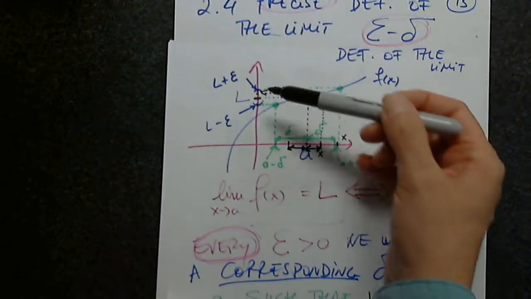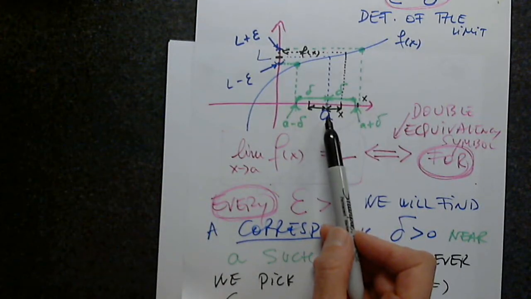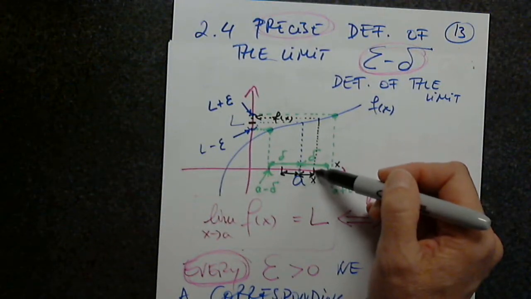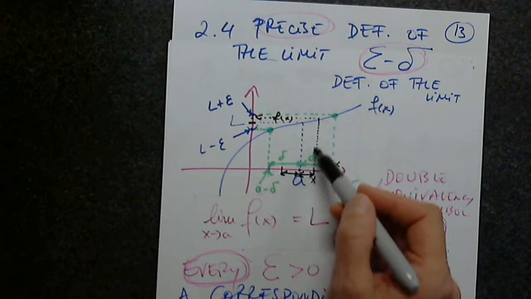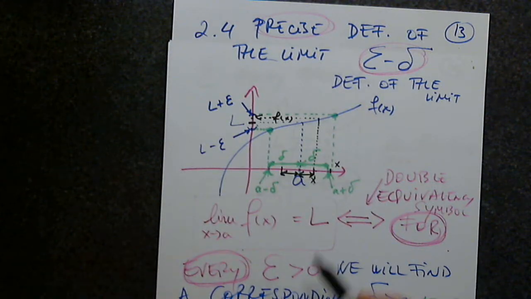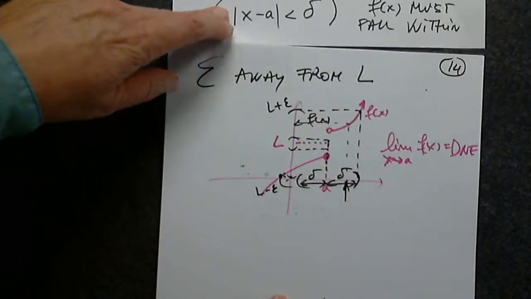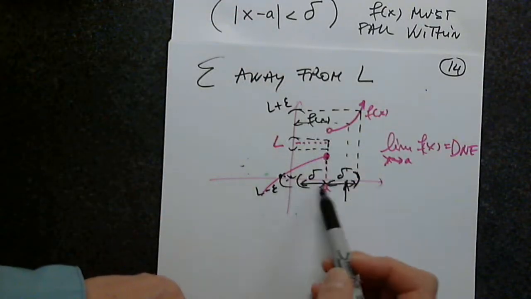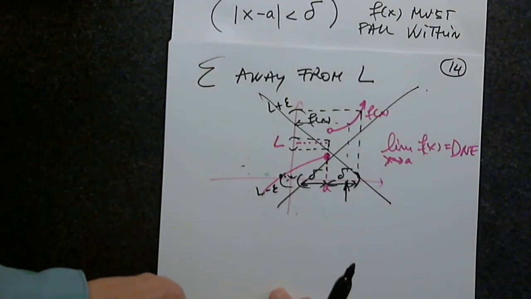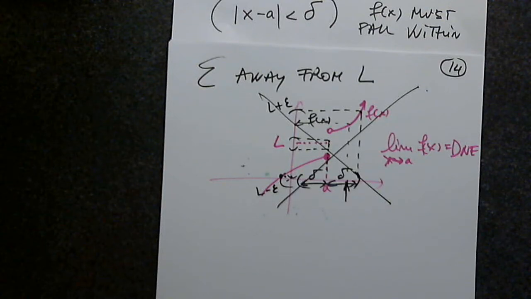The limit exists because for every epsilon around L, I will find a corresponding delta around A, such that when I pick x within delta away from A, f of x will be within epsilon away from L. And this can go on forever for any epsilon because the limit exists. Here, it works for a particular special epsilon, but the limit does not exist because the mechanism does not work for every epsilon.